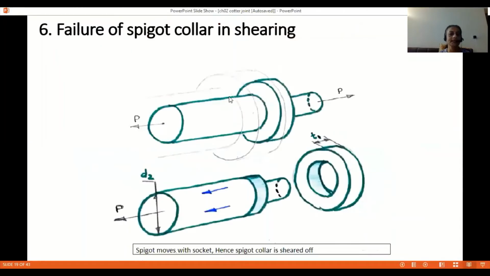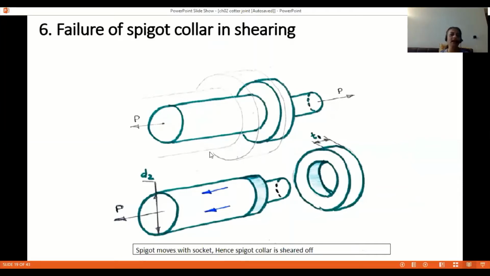Next, the sixth step is the failure of the spigot collar in shearing. We can see here, this light part is a socket and this is a spigot which is connected by the cotter, which is not actually shown here. But the cotter is strongly keeping these two parts together.